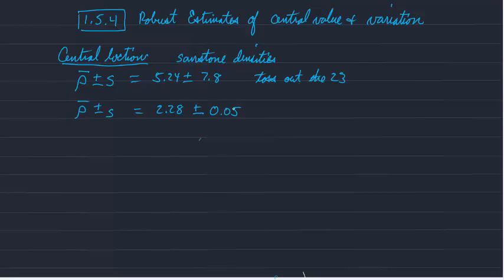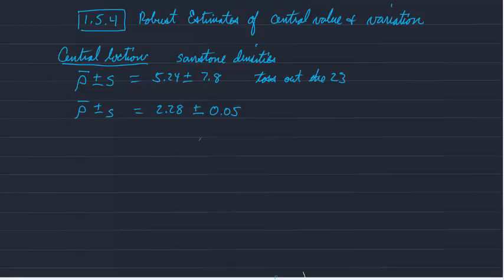Okay, so if we just take that one out, then we get very different estimates for the central location and the standard deviation, or the variation. And so the mean and standard deviation are not necessarily very robust estimates.